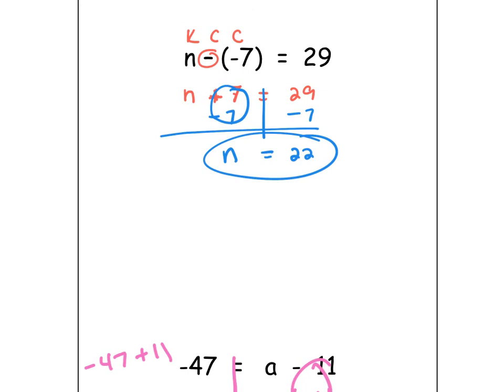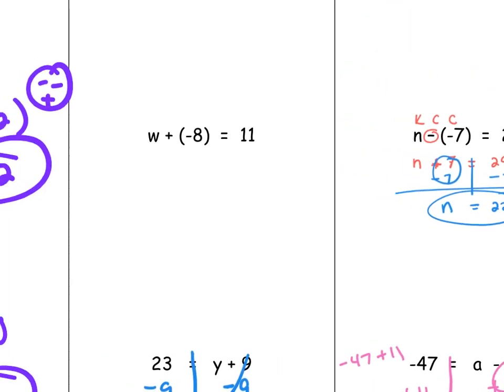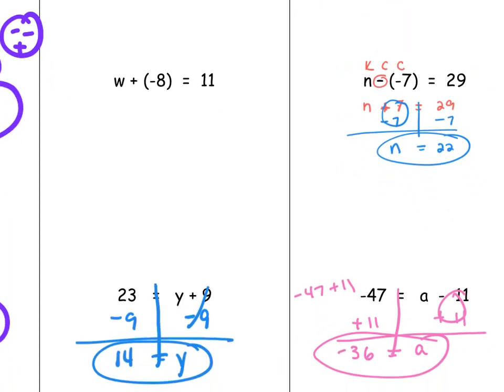Would you scoot over to the third column and look at our final problem? As I look at this problem, once again I have double signs. And we could solve this as is, but it's confusing what I need to do. So another way we could solve this is to use our keep, change, change again.